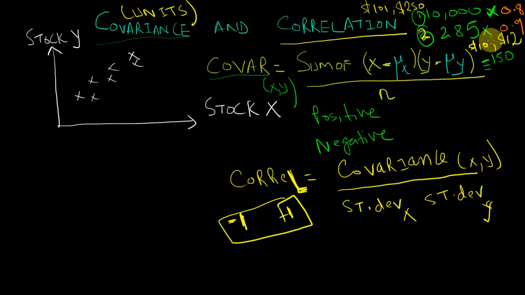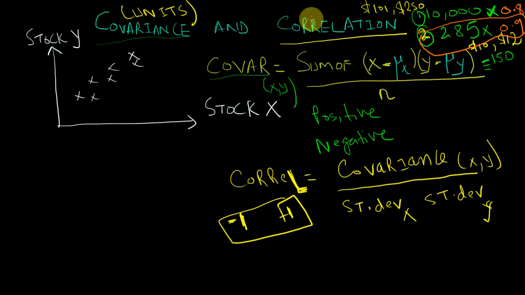So now you can clearly say that these two variables are more strongly correlated compared to these two variables. So correlation is a better parameter to estimate the linear relationship of two variables.